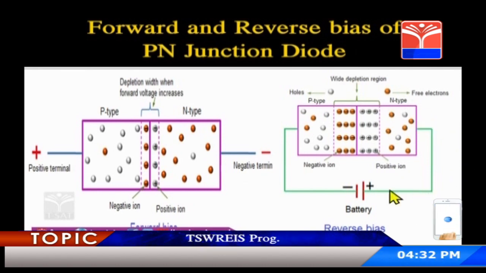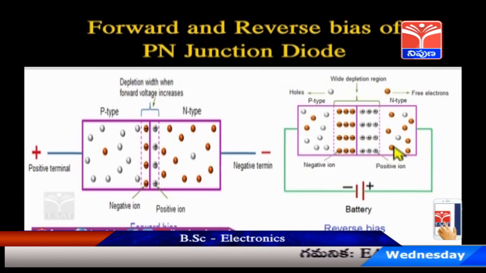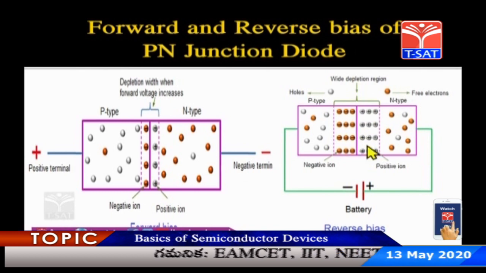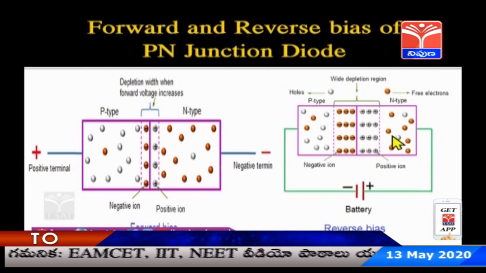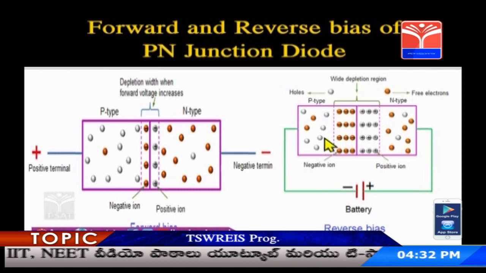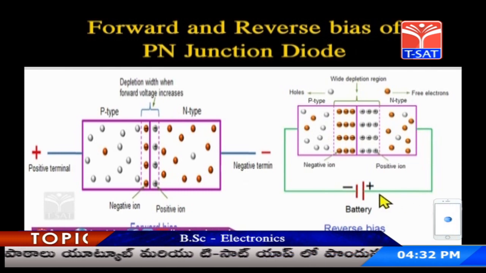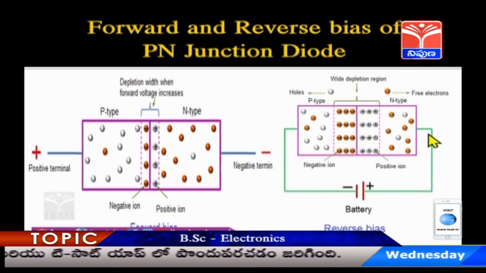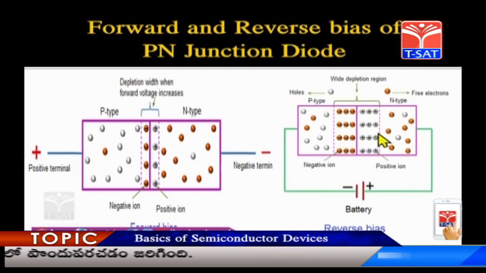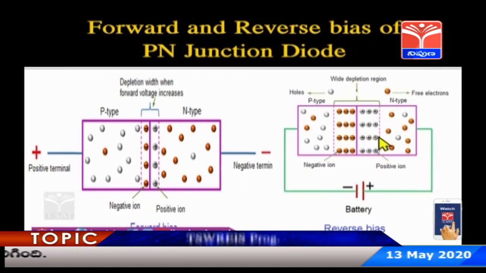Electrons will move towards the positive terminal, thus they will increase the barrier. So the stable ions formed will be increased. They will not try to cross the barrier because the positive terminal is here. They will try to move away from the barrier, so the barrier will be increased.